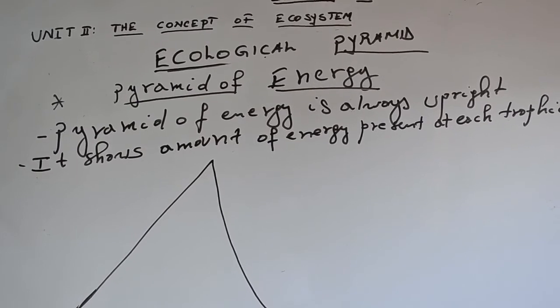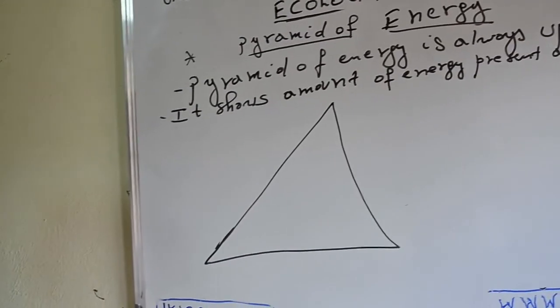At each trophic level, we have a certain amount of energy.